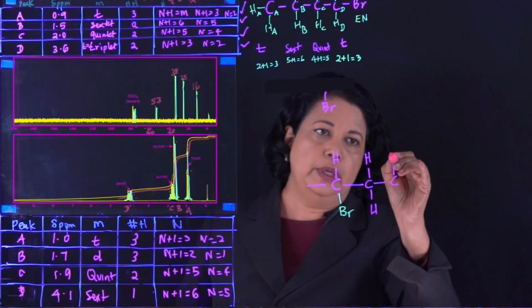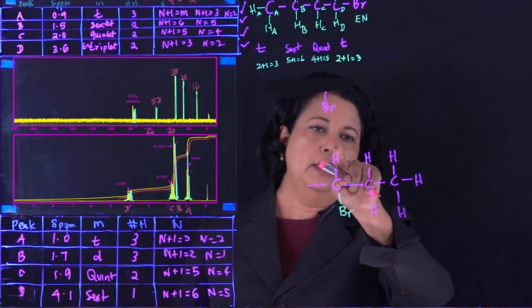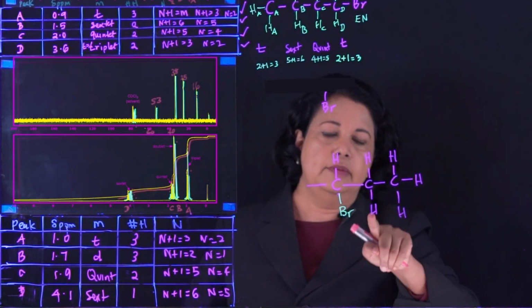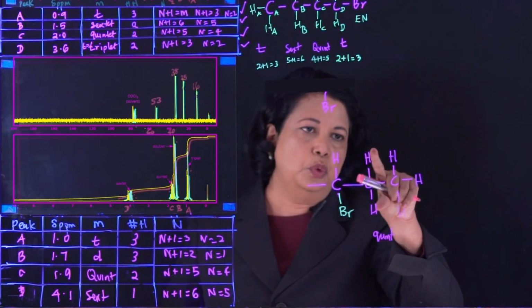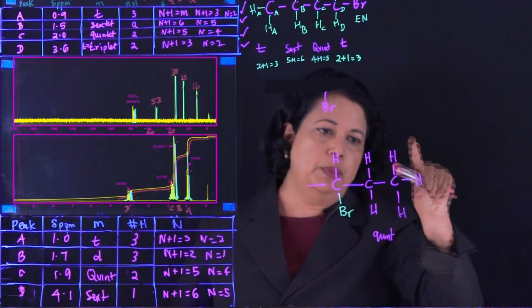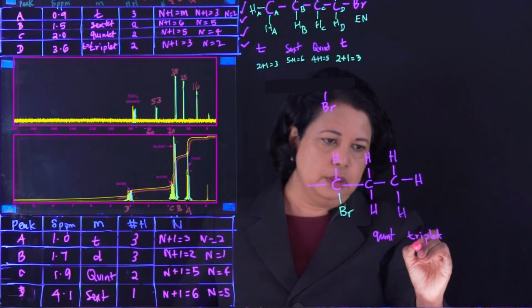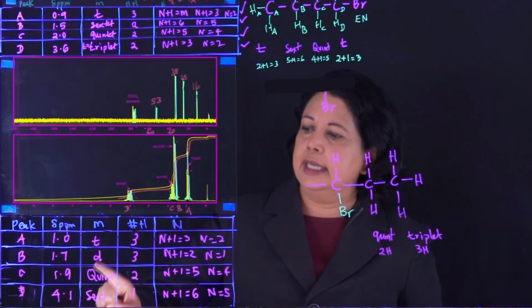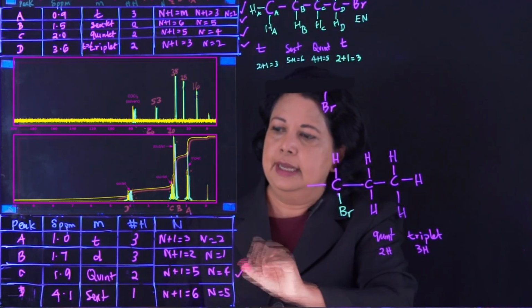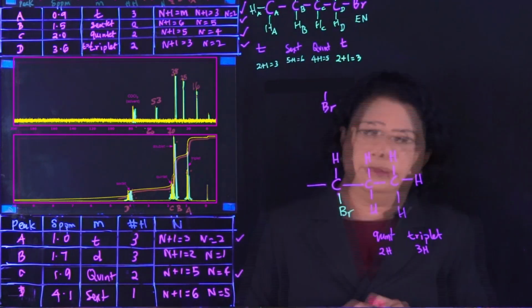So therefore, you are going to have 3 plus 1, 4 neighbors, giving you a quintet. 2 hydrogens giving you a 2 plus 1 triplet. So here's a triplet, 3 hydrogens, quintet, 2 hydrogens, and that's probably this, and your triplet here with 2 neighbors.